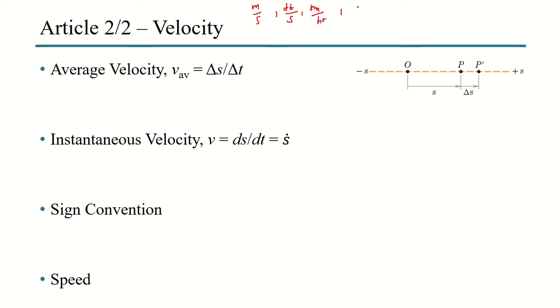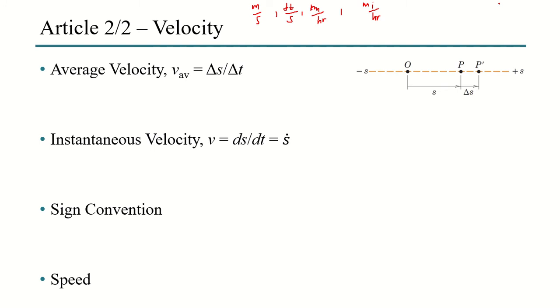Or we have miles per hour. So this is velocity. If you look at the units, class, the unit meter is for the distance, and s is for the time, so distance over time.